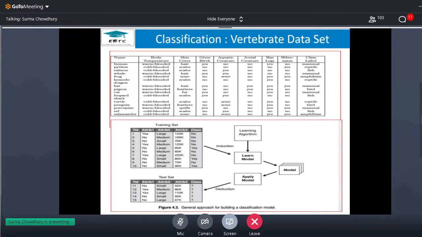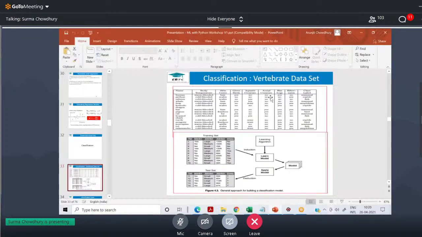Now can somebody tell me from this data which is the dependent variable? You have the name, body temperature, skin color, gives birth, aquatic creature.